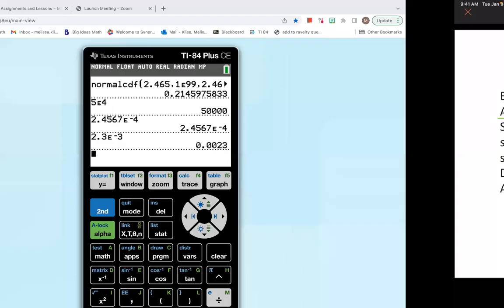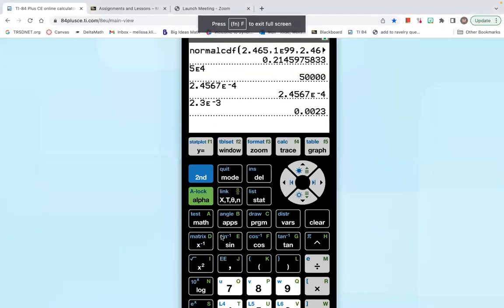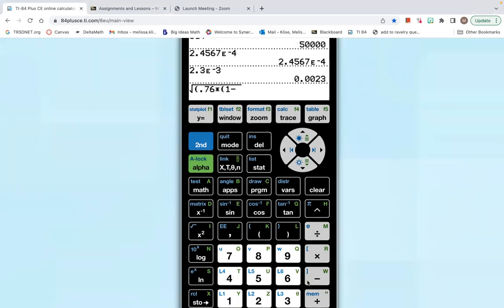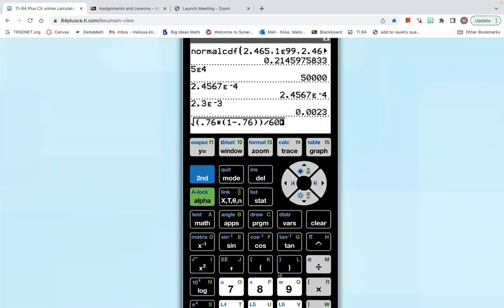If you're going to use the 1 minus 0.76, do it like this. Do square root, and I would do 0.76 times 1 minus 0.76, close this parenthesis, close that parenthesis, divided by 60. This is probably how I would put it in my calculator.